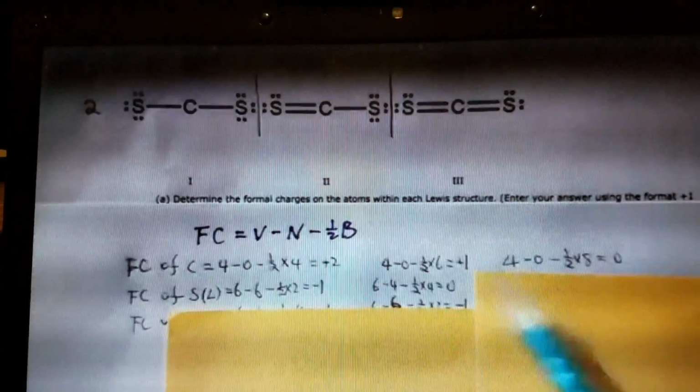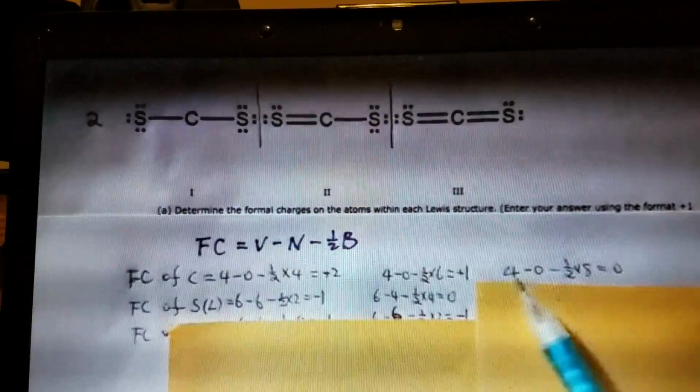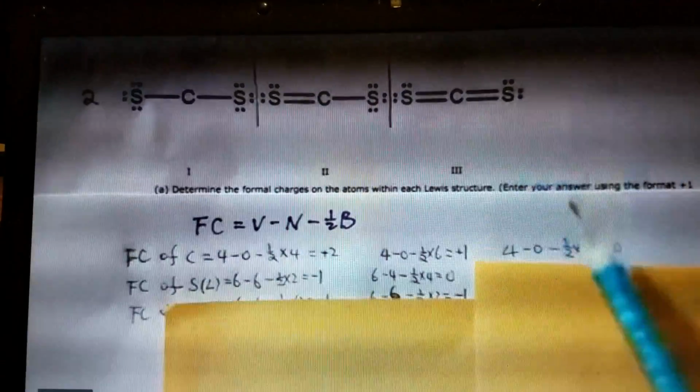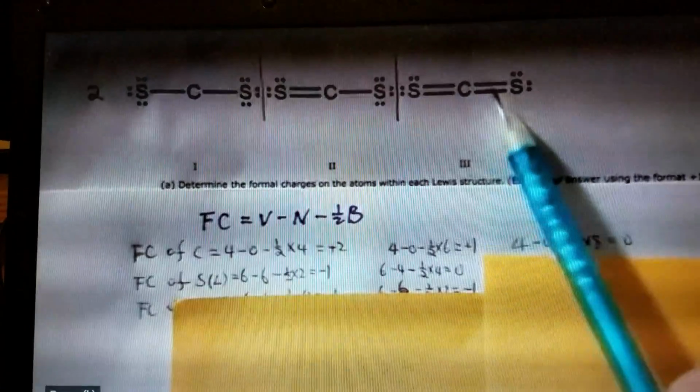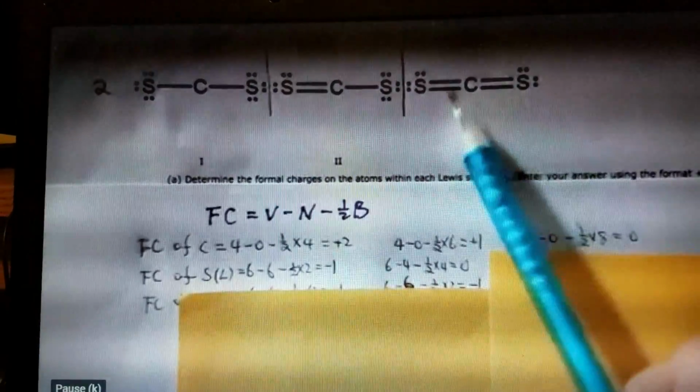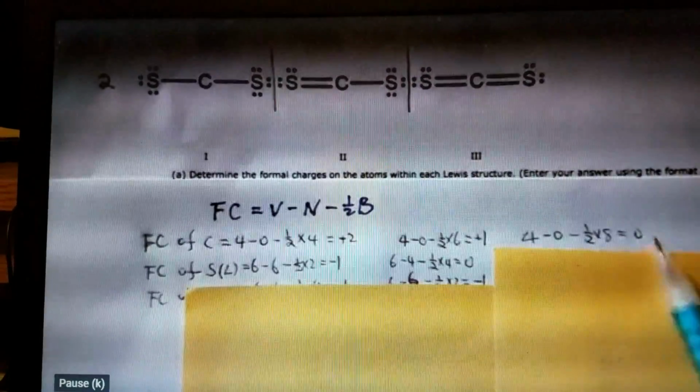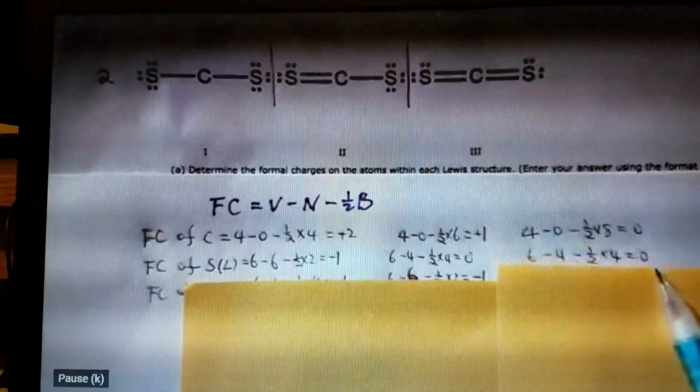For carbon, valence electron 4, and the non-bonding 0. Bonding, that should be 8. 1 pair, 2, 3, 4 pairs, and that's 8 times 1/2. So therefore, the formal charge is 0.